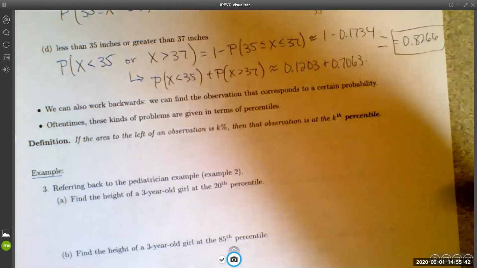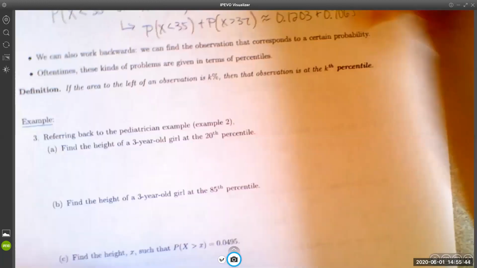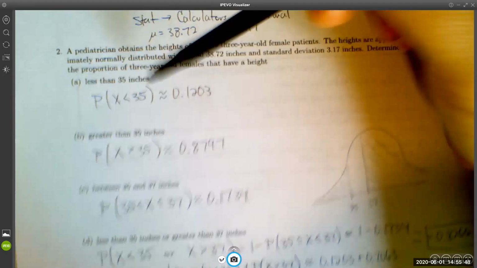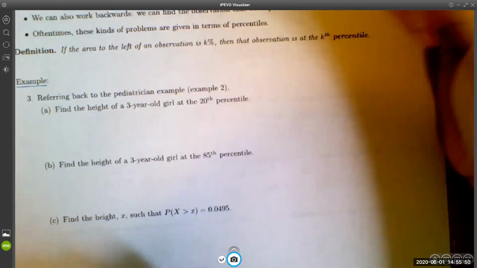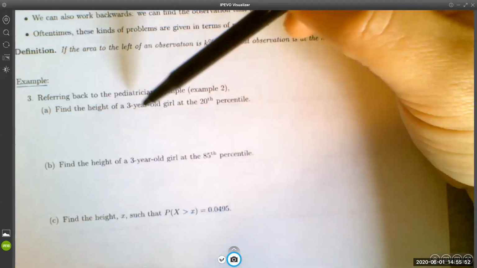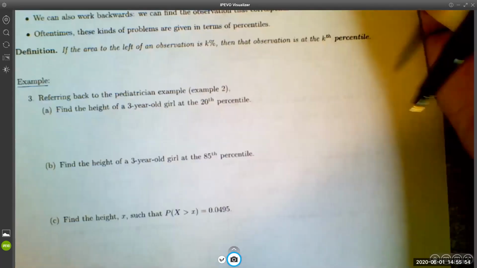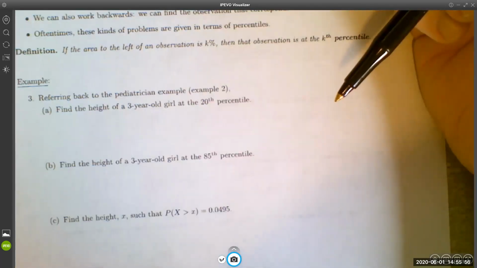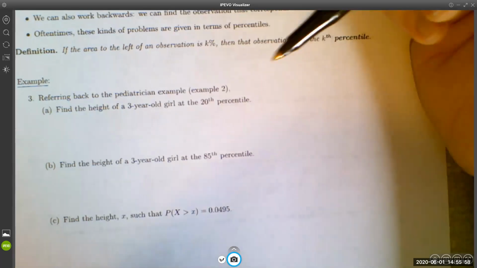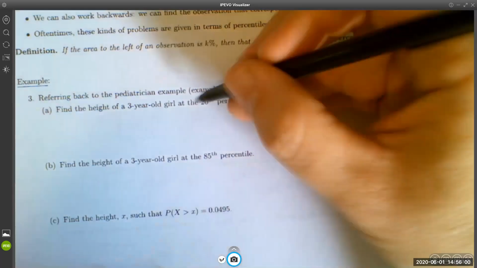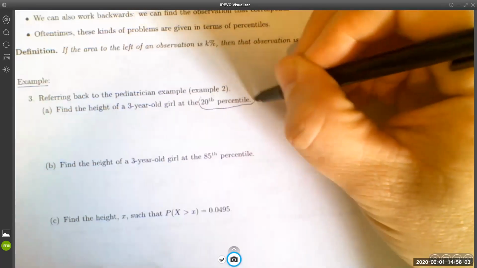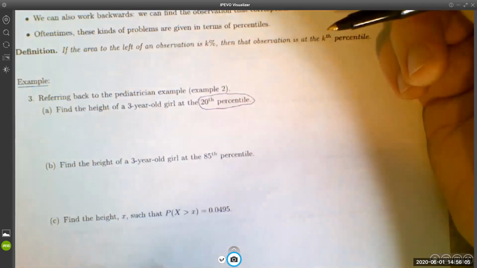So to give you an example, referring back to the pediatrician example, like all this 3-year-old girl height thing. It says find the height of a 3-year-old girl at the 20th percentile. When they give us the 20th percentile, they're giving us the area. They're giving us the probability, right?